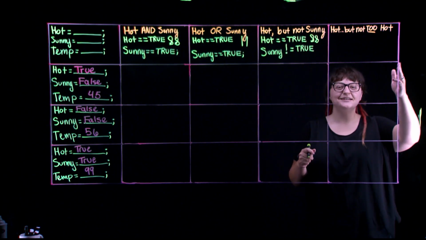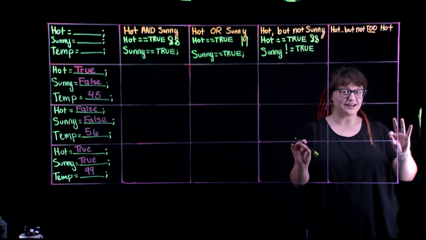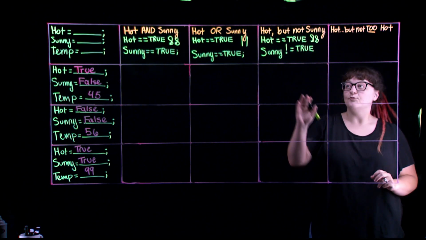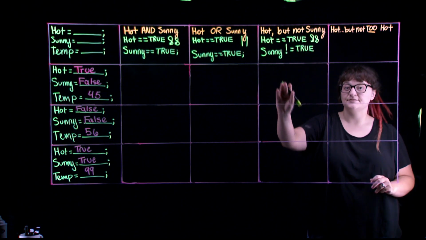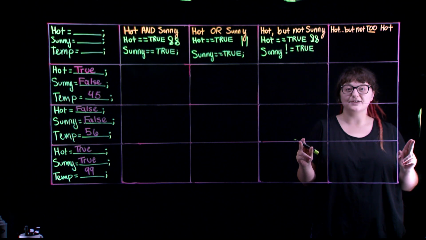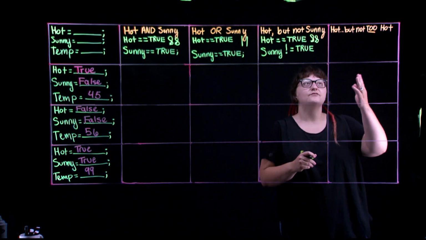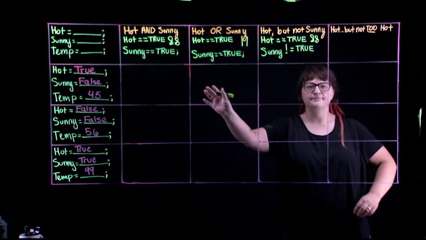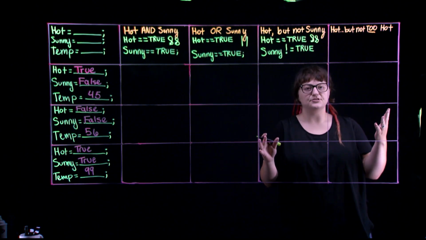Last but not least, hot but not too hot. So now we're roping in a relational operator with our logical operators. Okay, that's totally cool. Let's just take it one step at a time, okay? So our first part, hot, we've done that a couple times now, right? And we want hot to be true in this case as well.